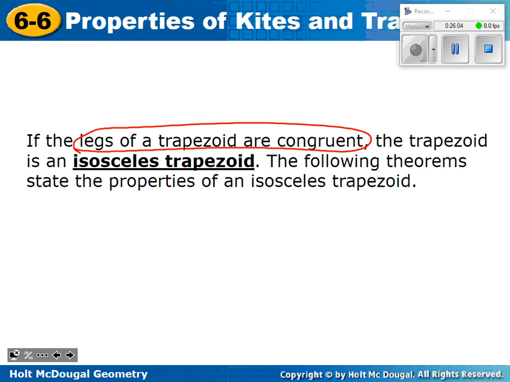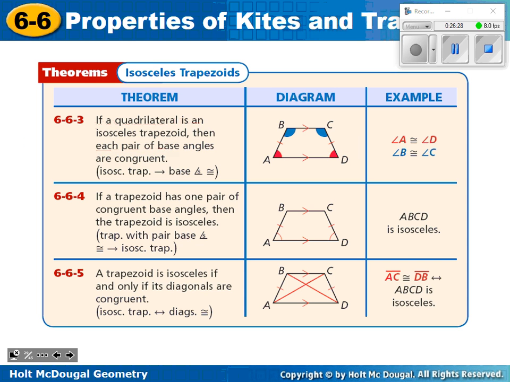And then again, I would remind yourself, you can draw a picture if you want to. The bases are the parallel sides. The legs are the non-parallel sides. So it's going to have congruent legs. So it's going to have one pair of sides parallel because it's a trapezoid. And then by definition, it'll have congruent legs. And then it has some more properties.